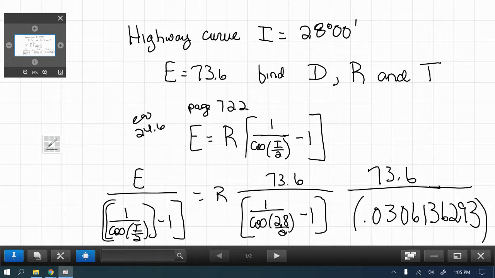And I would be able to follow you if you rounded or didn't round. I'll be able to follow you. So that is my R.